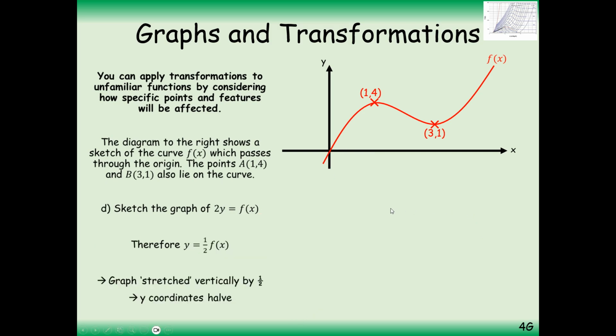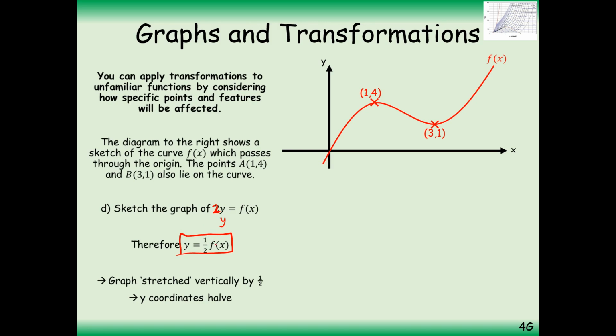the next part of the question is saying sketch the graph of 2y = f(x). When you have a factor in front of the y, you divide it and you can rewrite it as y = half of f(x). That's what you need to really draw. There's no point having the scale factor in front of the y.